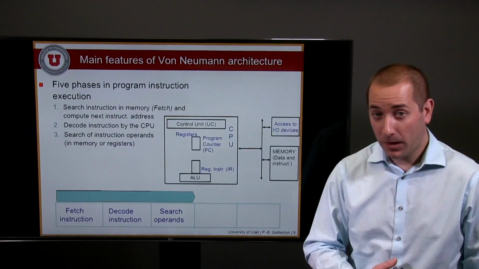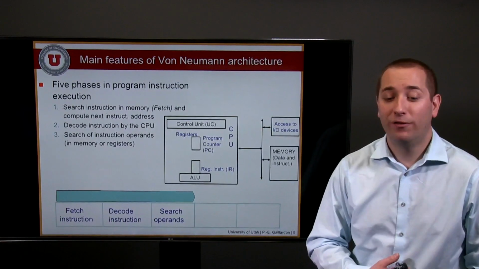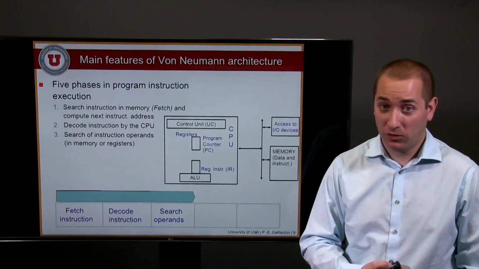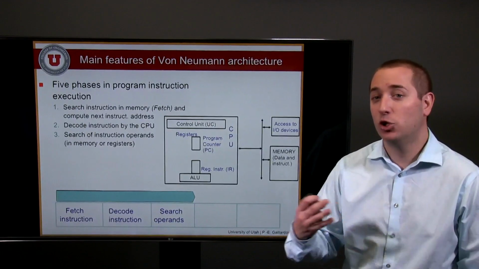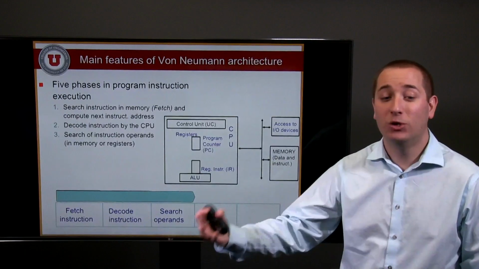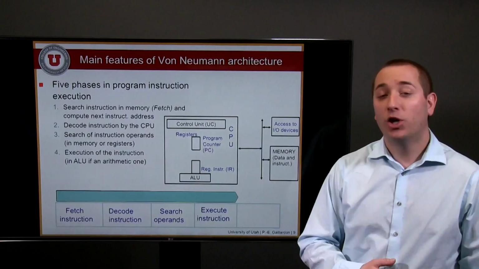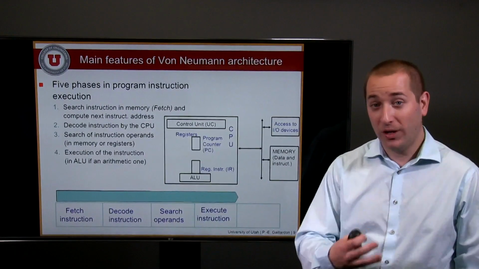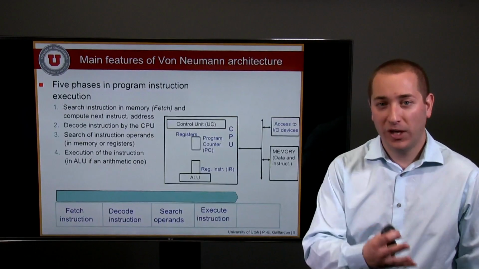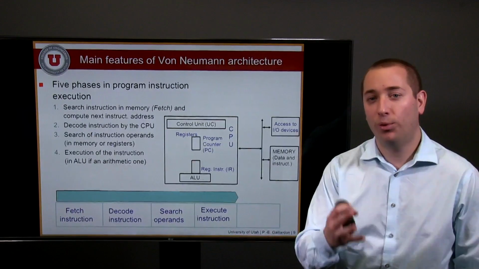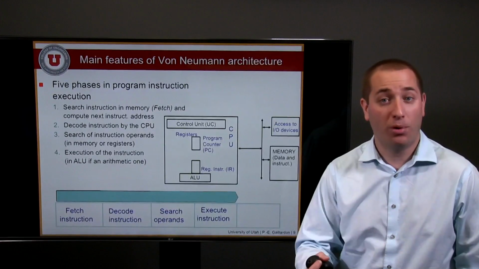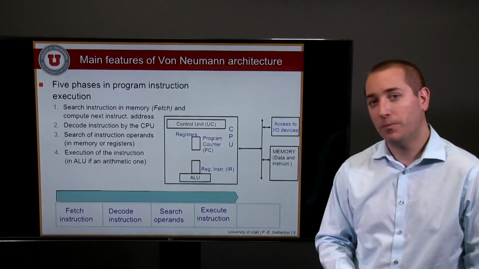After that, the microprocessor will fetch the operands, so you'll have to go into the memory and read the data. You continue with the execute step: you take your decoded instruction and perform the operation on the operands you just got from your memory.